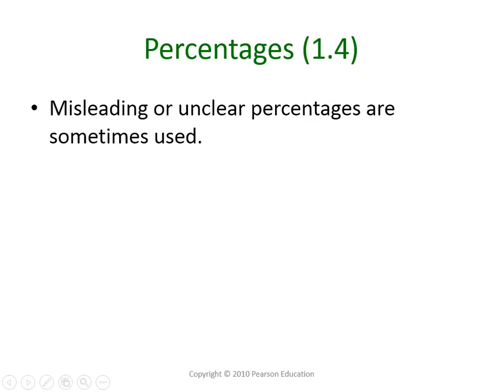Well, if I did a 100% improvement in GPAs, and I got my students to go from having a 1.0 to a 2.0, that's a 100% improvement. I still have C students, but it's a 100% improvement.